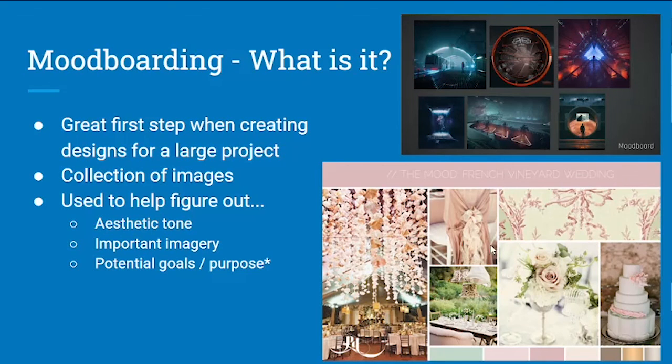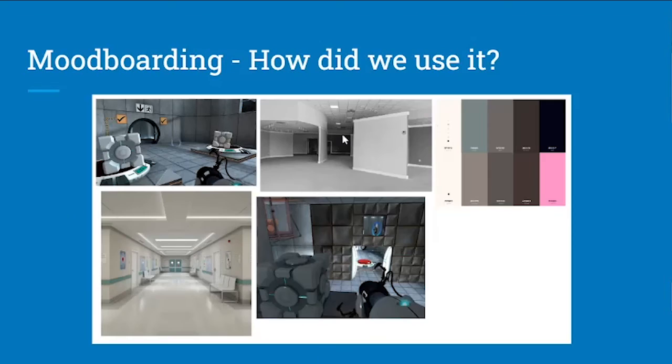Here we've got a mood board for a wedding, which is a completely different vibe. It's a lot lighter. Clearly they want to do a lot of beiges, creams, and pinks. But you can really see that even though there's no original things here, you can get a feel for what they're going for, what they're after in their designs. Very soft. That last one.